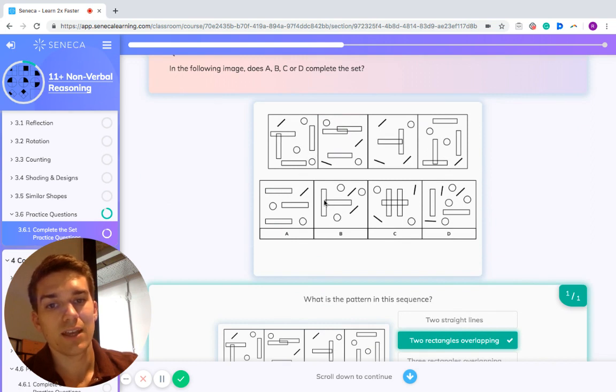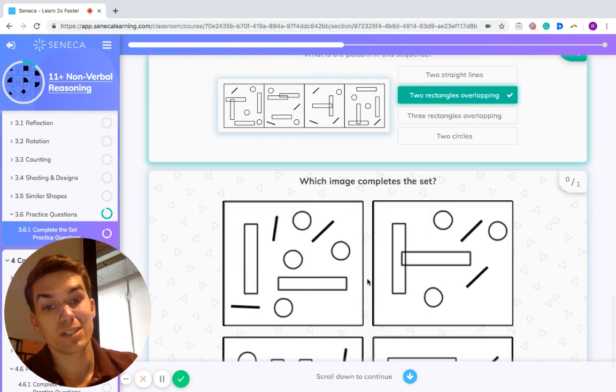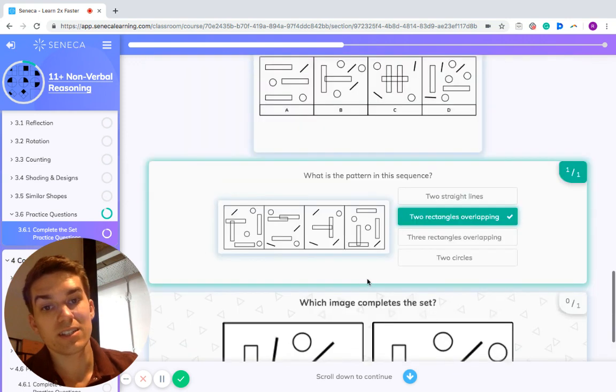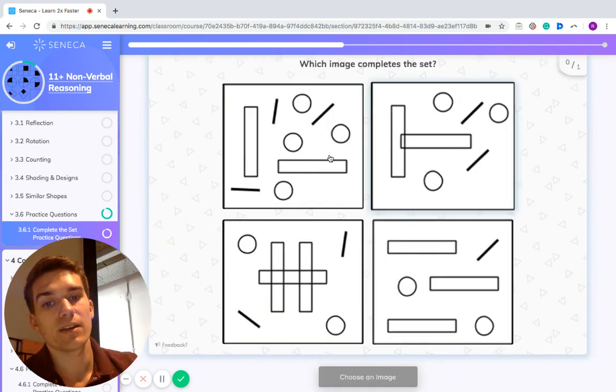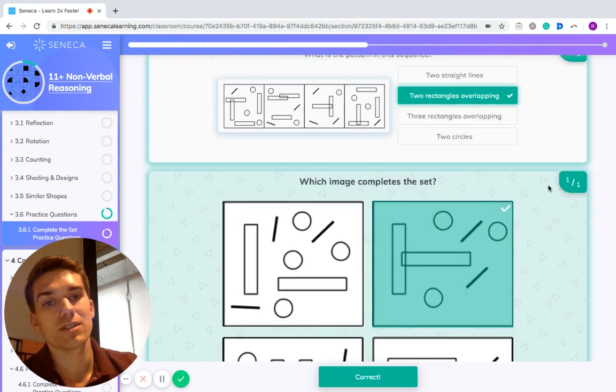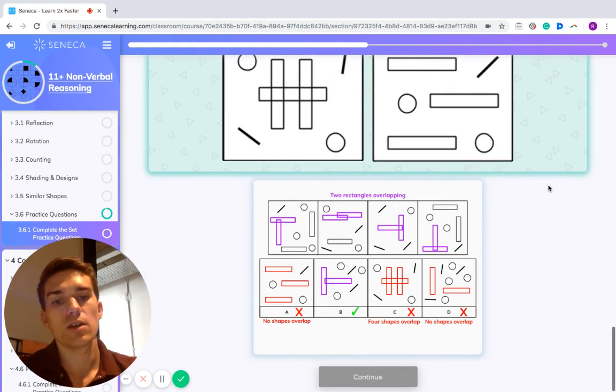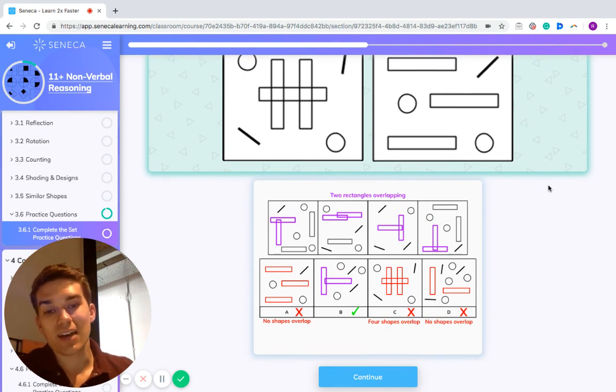Whereas here we've got no overlapping, 3 triangles overlapping, no overlapping. So the answer was actually B, but I got the reason wrong. So it's an important thing to say at this point, if you're not sure, try and work out the reason and see something that seems logical. But otherwise, it's okay just to have your best guess as well.